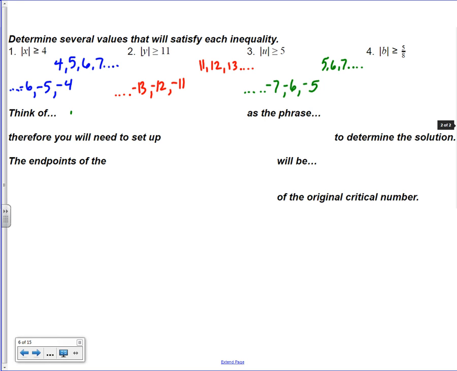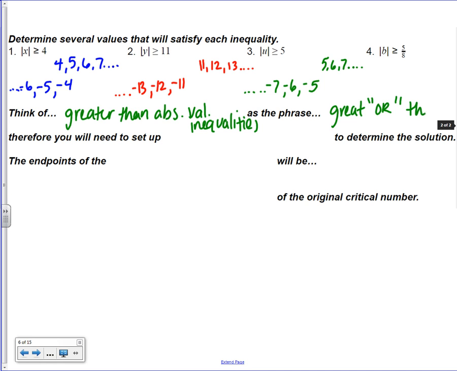So let's think of greater than absolute value inequalities as the phrase "greater than." Notice I put the "or" in quotations.